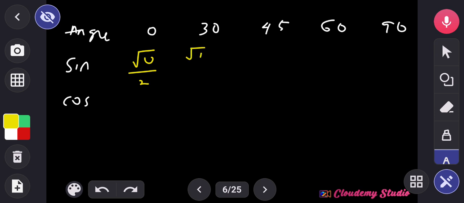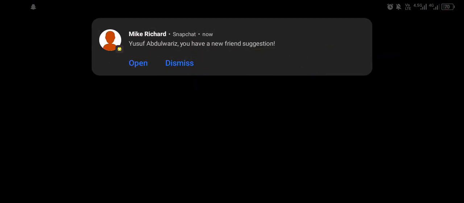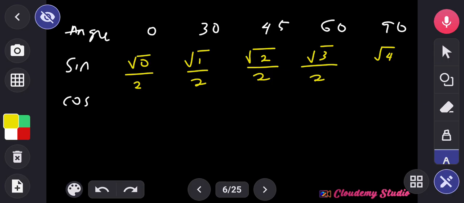This one is root 1 divided by 2. This one is root 2 divided by 2.